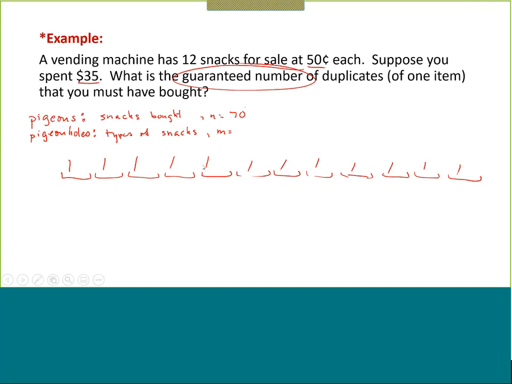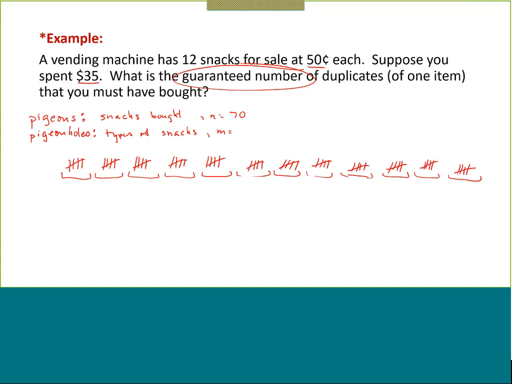So I've got 70 little hash marks to put in here. No, thank you. If we look at this, we have a grand total of 12 types. I know that 12 times 5 is 60, so I'm going to put 5 in each. Once I finish putting 5 hash marks in each slot, we've got 60 total snacks already selected.